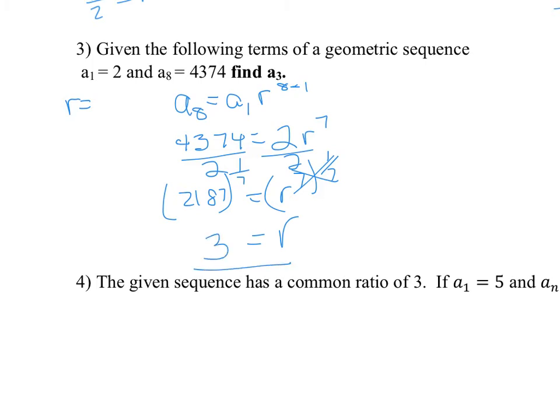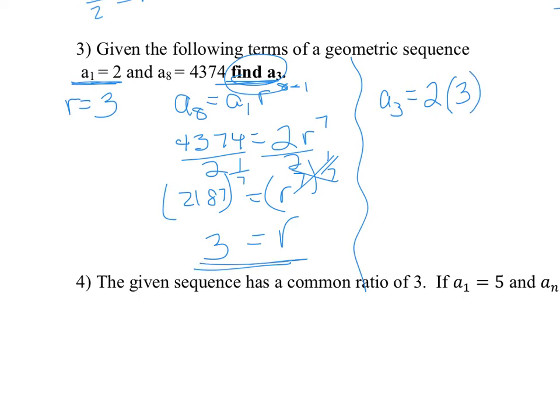So now that I know that the common ratio is 3, I want to find a3. So now this is different. Okay, so now I'm going to use the formula a second time, but with a1 and a3. So I don't know what a3 is, so I'm going to plug that in there. But I know what a1 is, and I know the common ratio is 3.